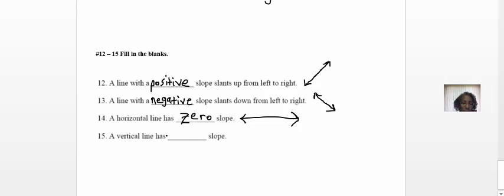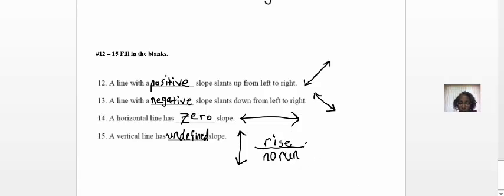And a vertical line has undefined slope. And the reason that happens is when a line is vertical, there is no run, and your rise could be any non-zero number.